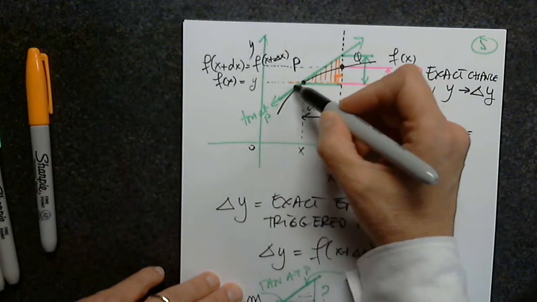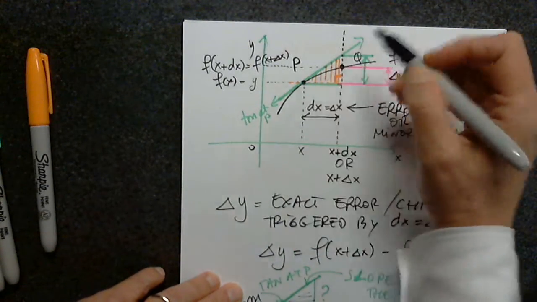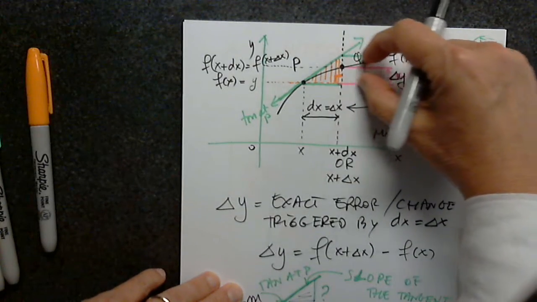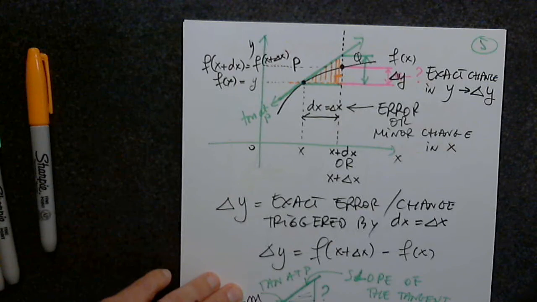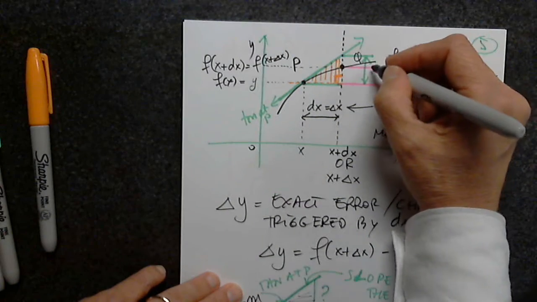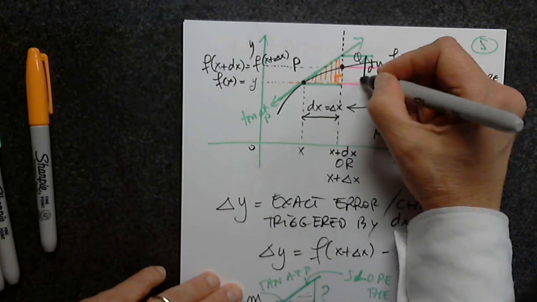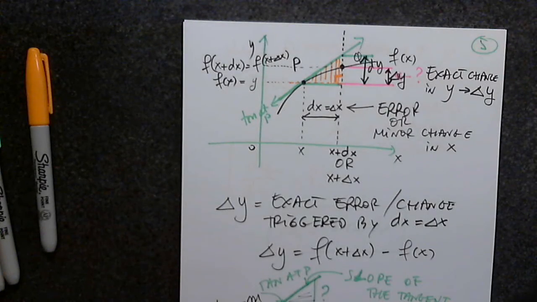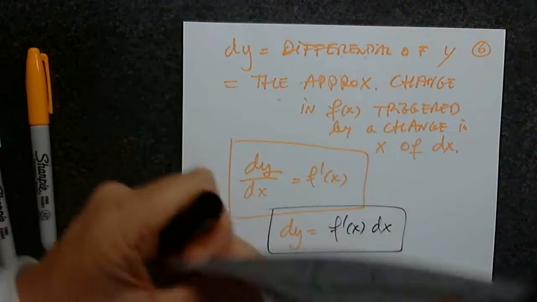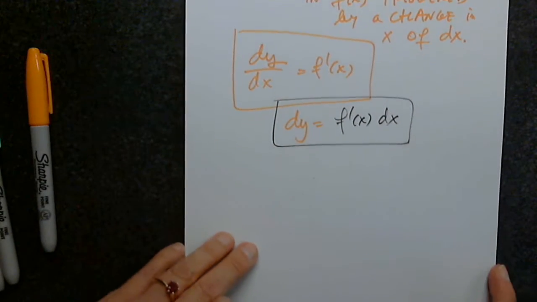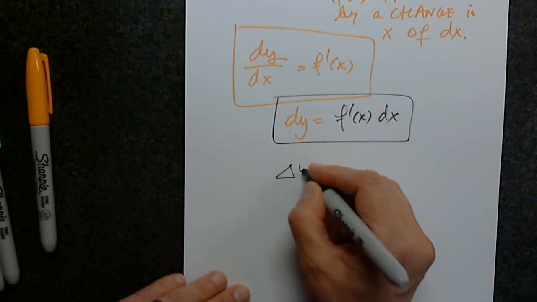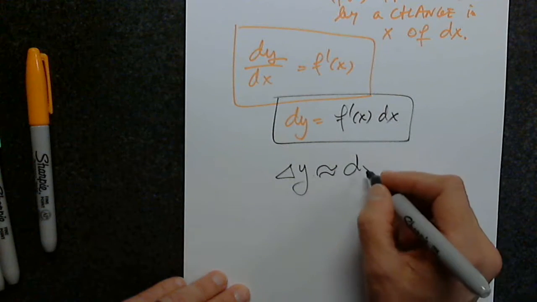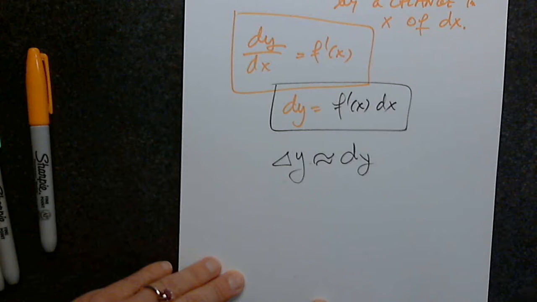But now we wanted to use the derivative and determine this. And this was our 58 in the cost function. That is the dy. This piece is delta y. But obviously, we are talking about minor changes. So delta y is approximately dy.